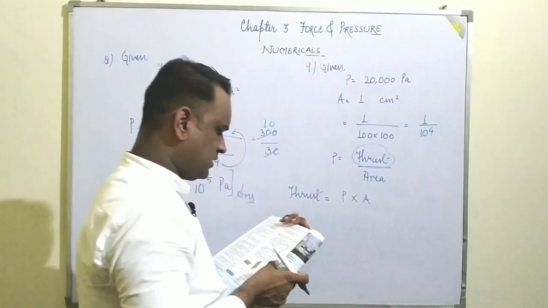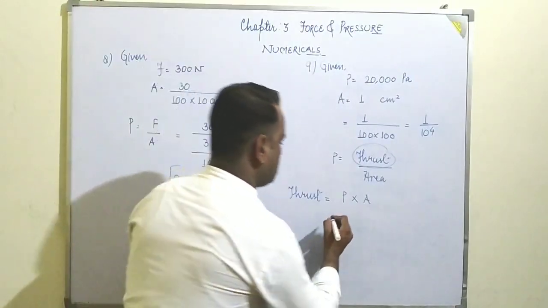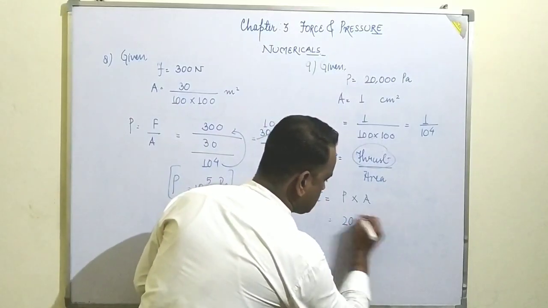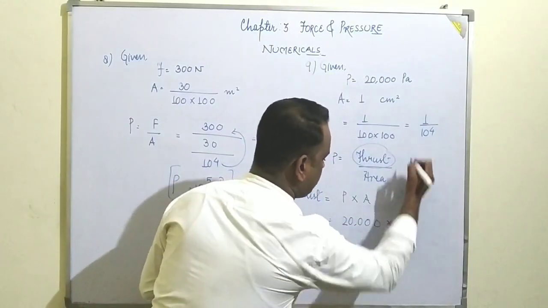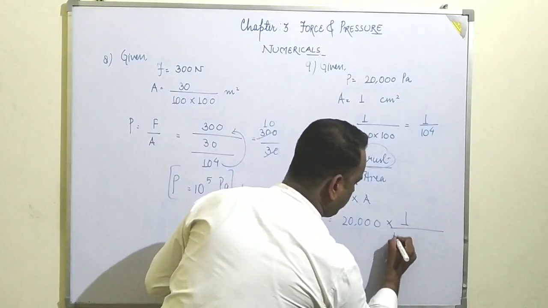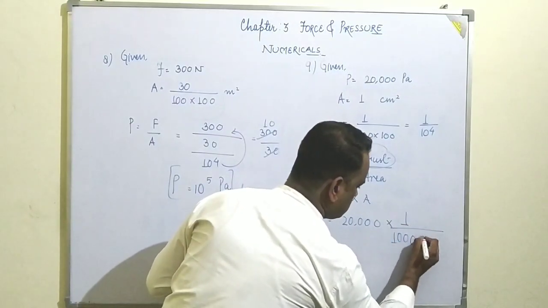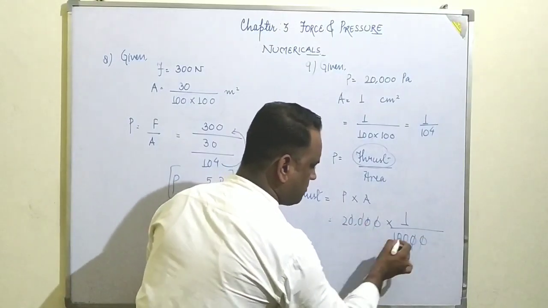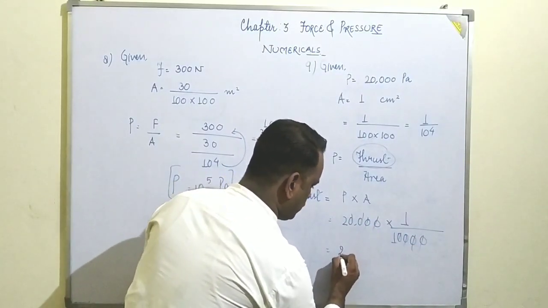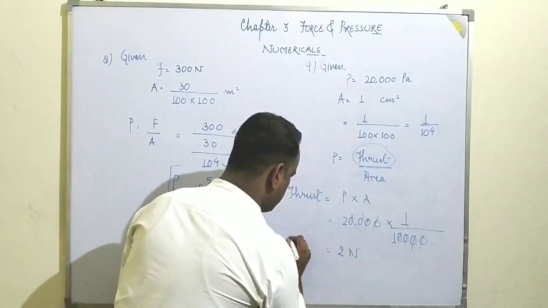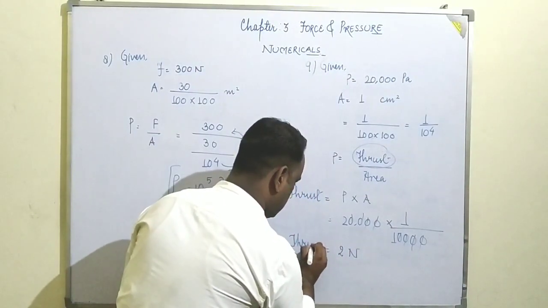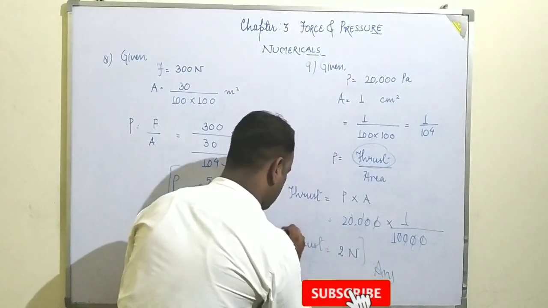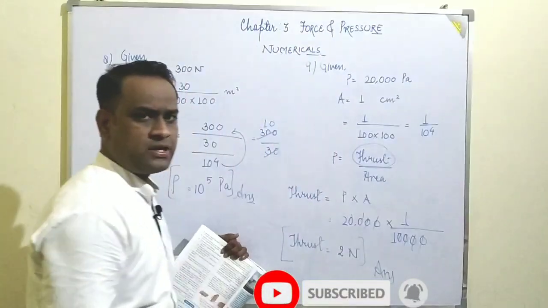In this question we have to calculate the thrust. Here the pressure is 20,000 Pascal, and the area is 1 upon 10 to the power 4, that is 10,000. So 4 zeros cancel, and it will be 2 Newton. So for this question, the thrust will be 2 Newton. We can find it out, okay, students.